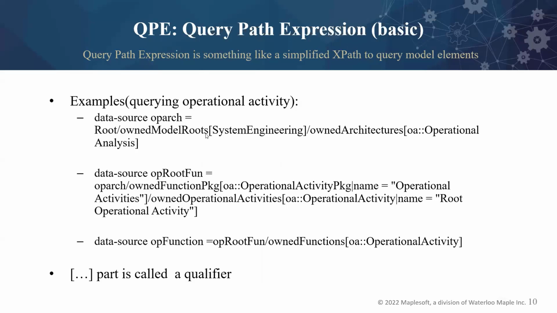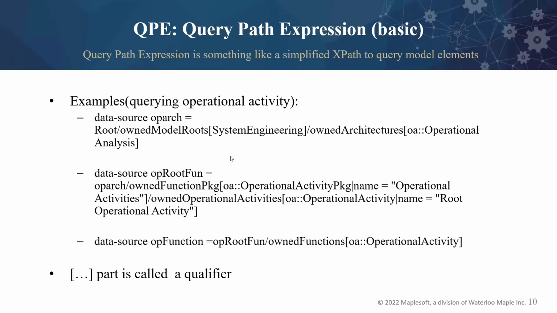If I want to get information about the operational architecture, from the root model I navigate to the system engineering element, which is owned by the model root. Then I navigate to the different architectures the system engineering element owns, and I filter based on the operational analysis. If I want to get to the logical architecture, instead of operational analysis, I say that within the owned architectures, I want the logical architecture, and so on.